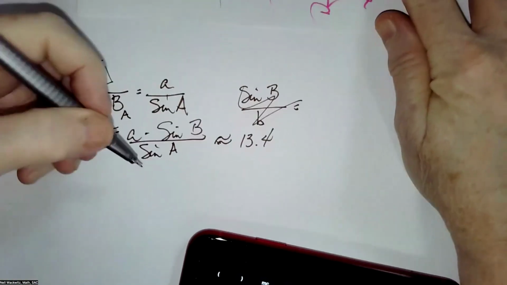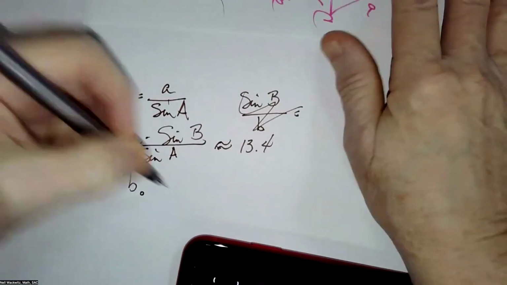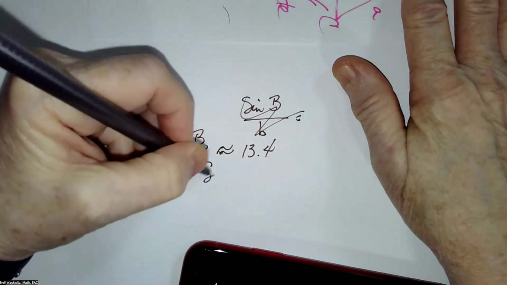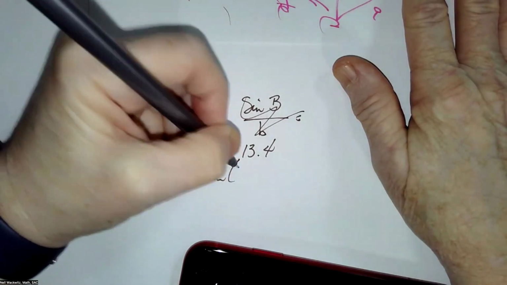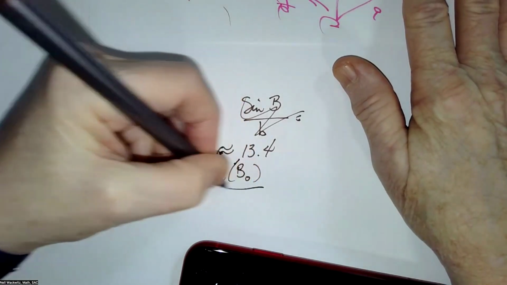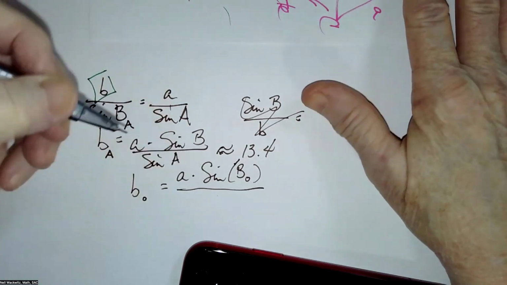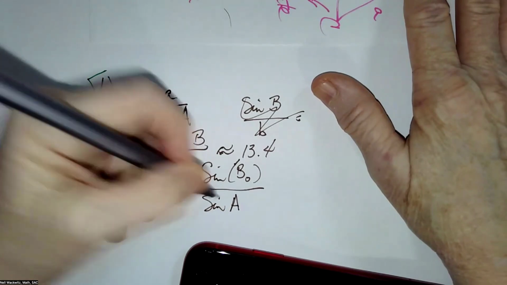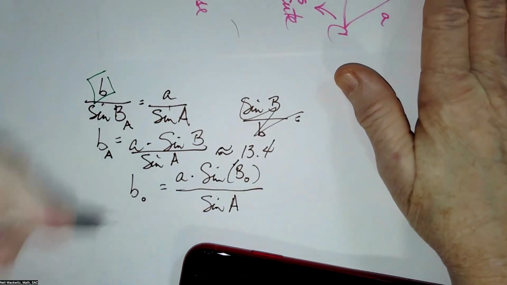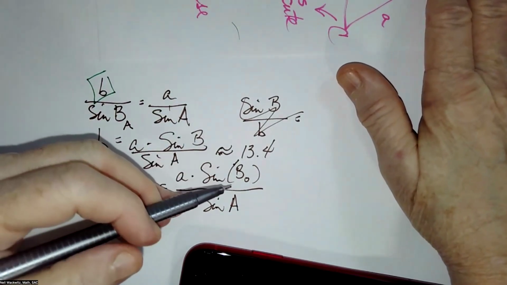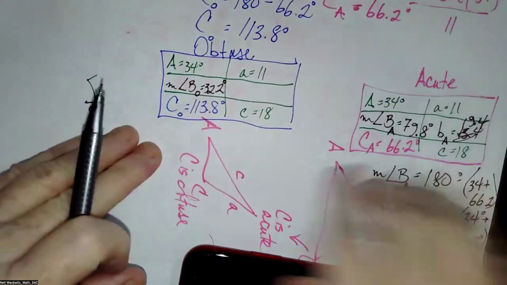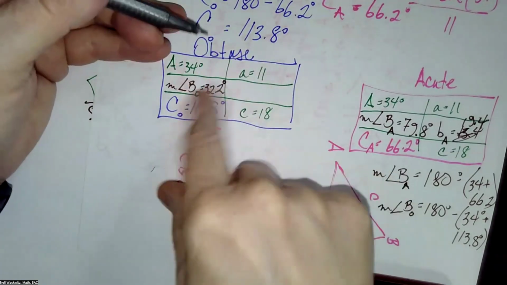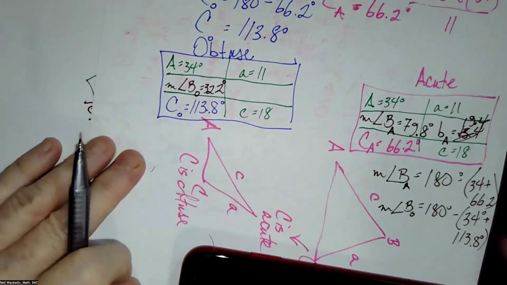So we've got little b obtuse is equal to A times the sine of B obtuse divided by the sine of A. It isn't that B is obtuse, but that this value for little b, big B, go in the obtuse table.